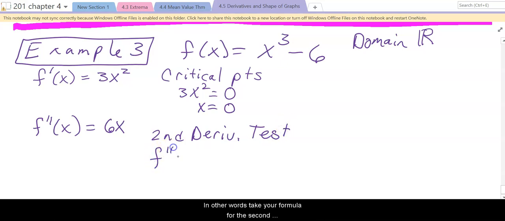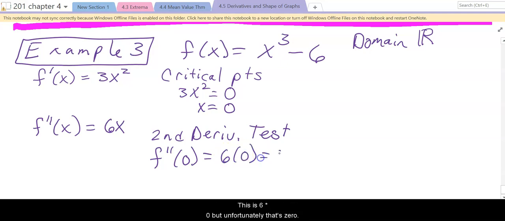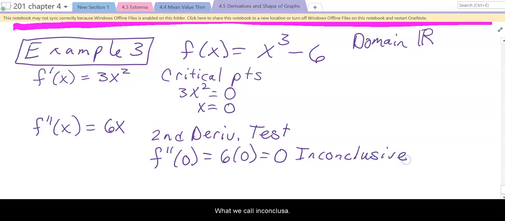In other words, take your formula for the second derivative and replace x with the critical point from the first derivative. This is 6 times 0, but unfortunately, that's 0. That means the second derivative test failed to work, or what we call inconclusive. That tells me nothing. I don't know what happens at the point where x is 0.